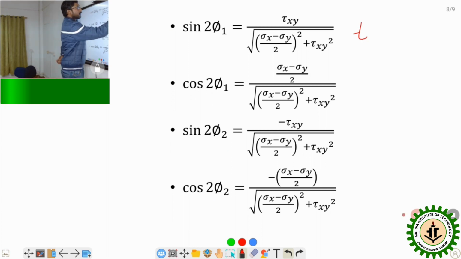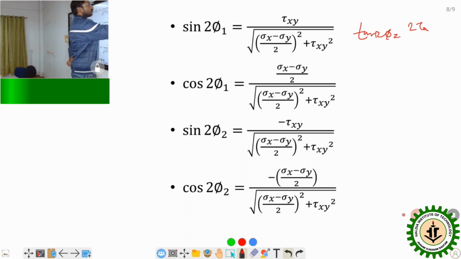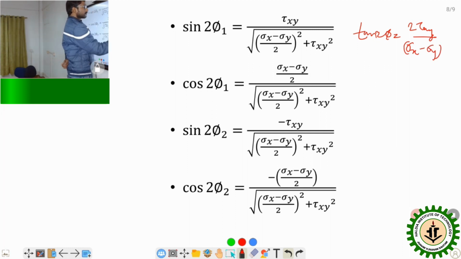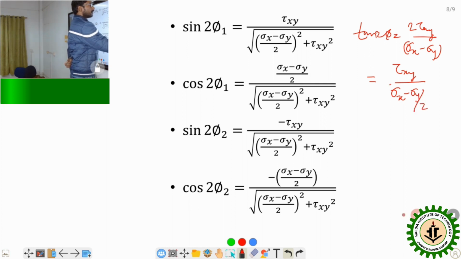So if tan 2 phi equals 2 tau xy by sigma x minus sigma y, if we rearrange this, tau xy by sigma x minus sigma y by 2. So from this expression, we can find out the value of sine 2 phi 1 and phi 2.